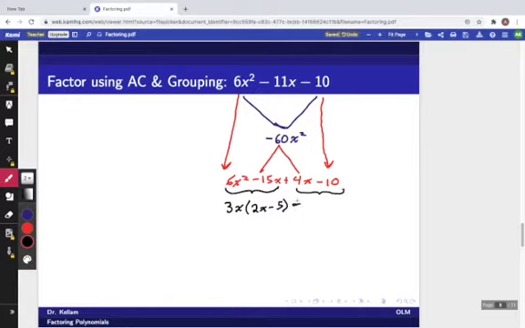I'm going to write a plus in between because we can. What's the greatest common factor between 4 and 10? Well, they're both even, meaning they're both divisible by 2. And that is indeed the greatest common factor. So what is 4x divided by 2? Well, that would be 2x. What is negative 10 divided by 2? That would be negative 5.